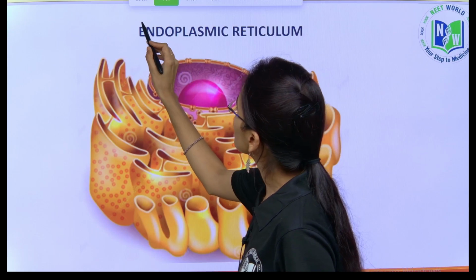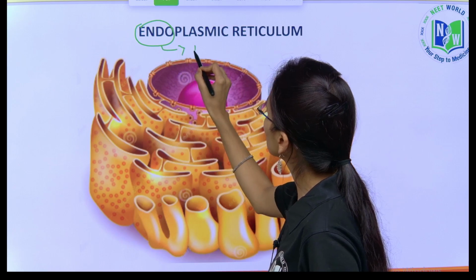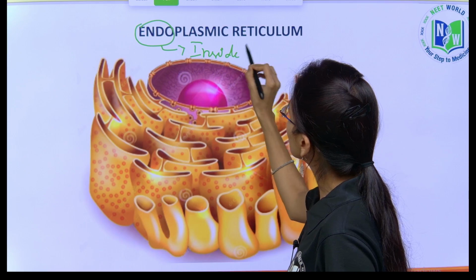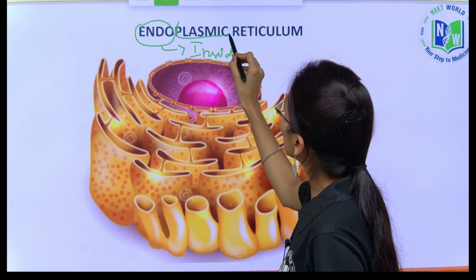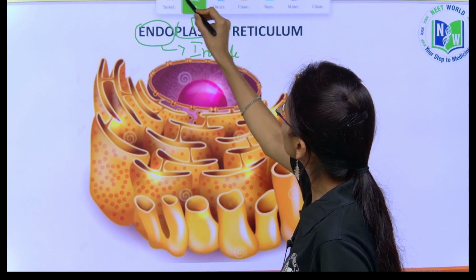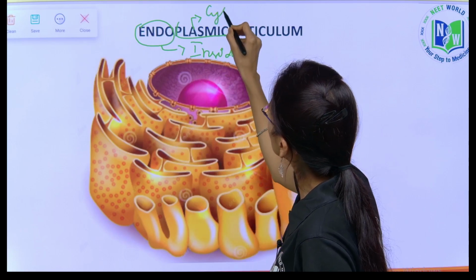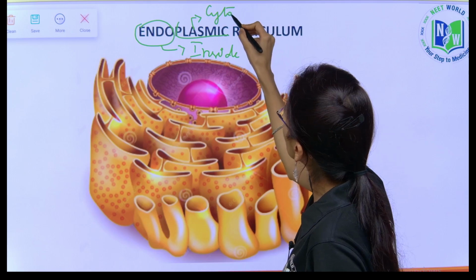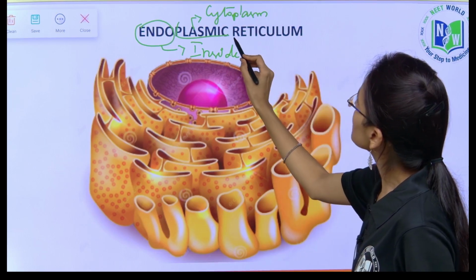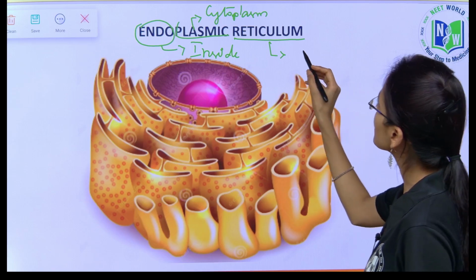If you see here, the term endo means inside, and the term plasmic is nothing but inside the cytoplasm. Plasmic means cytoplasm. And the term reticulum means network.